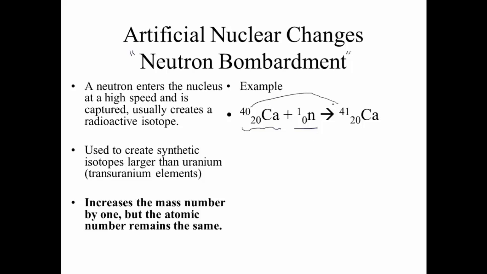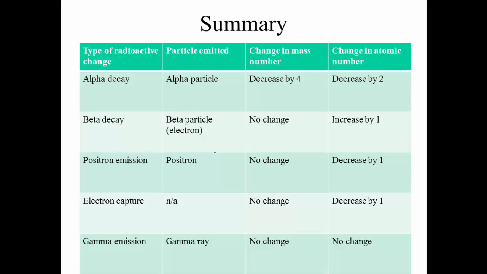So we see the top number is increasing, but the bottom number is staying the same. So it's still the same element. This is used to create synthetic isotopes larger than uranium. So any element beyond uranium on the periodic table was man-made by shooting particles into a uranium atom and making a bigger atom.